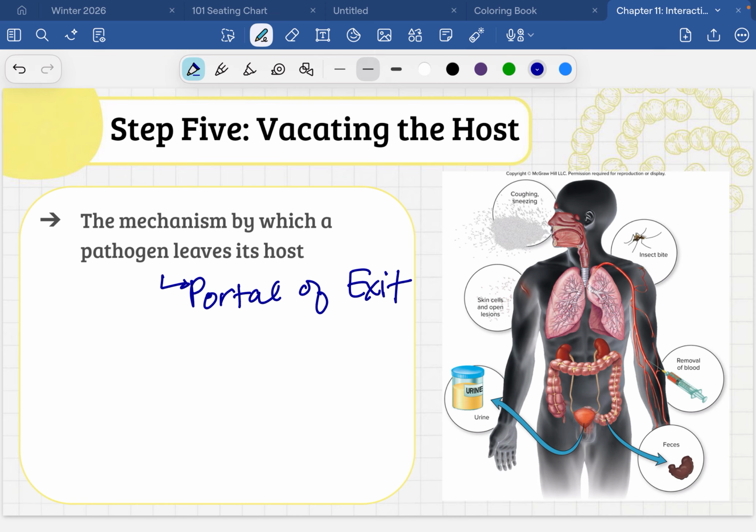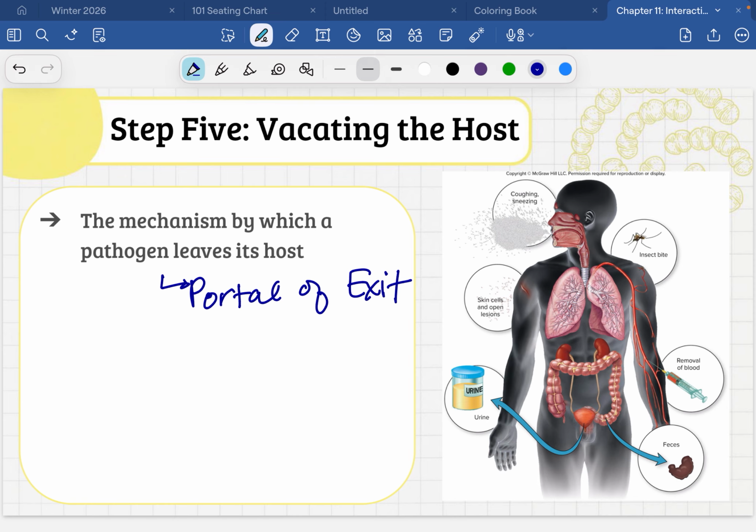In order to be considered successful, you have to be able to spread and infect as many hosts as possible. That is the goal of a pathogenic organism. So, in order to be considered a successful pathogen, an organism has to be able to leave its host or vacate its host and move on to another one. And most organisms leave the body through a variety of exit portals.